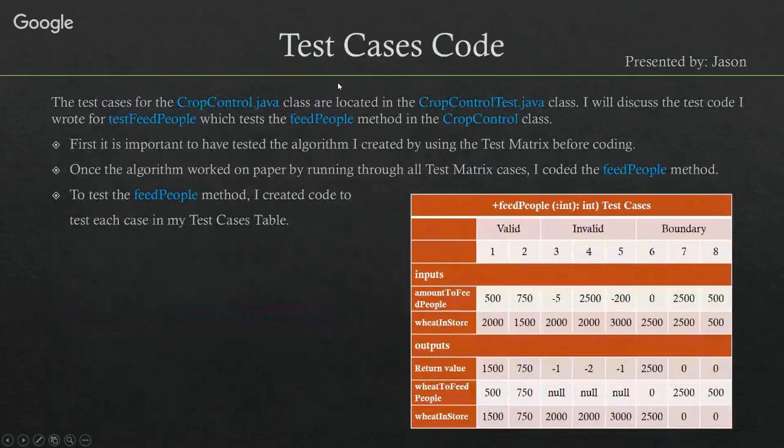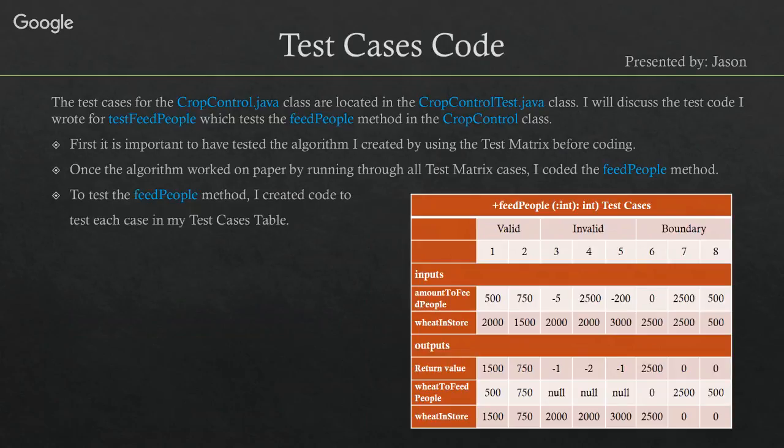Now the test cases code. Some of the test cases I did in the crop control test class. The method I'm going to talk about is feed people. We have a test feed people method inside of that class. First, it's important to have tested the algorithm I created by using the test matrix before coding.